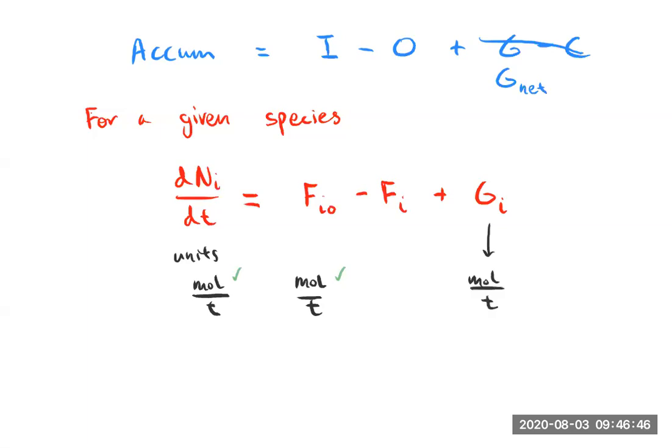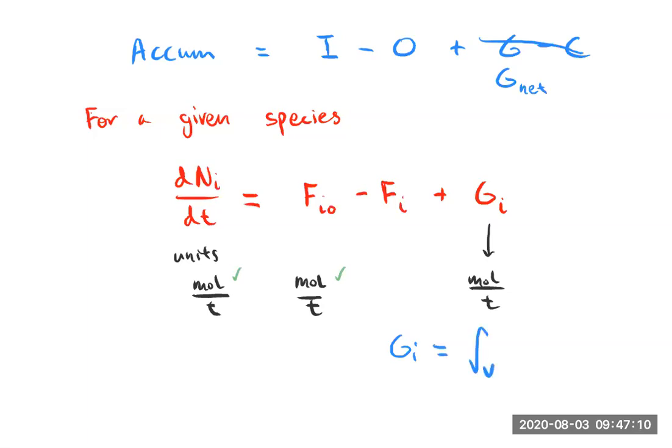We're also going to define G sub I as the net generation occurring in a given volume, and we want to integrate that across the whole volume.